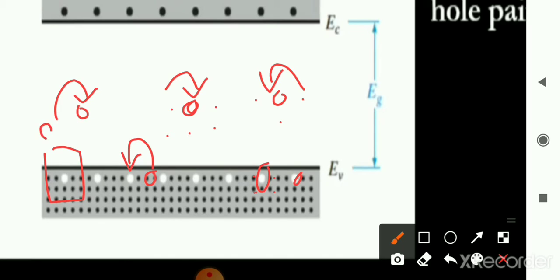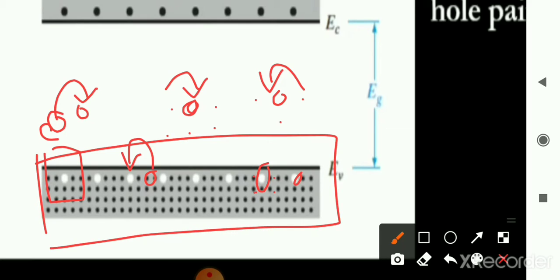When an electron jumps from this place to this hole place, a hole will be created over here. This is nothing but the movement of an electron present in the valence band, because previously, by increasing the temperature, the electrons present in the valence band moved here.